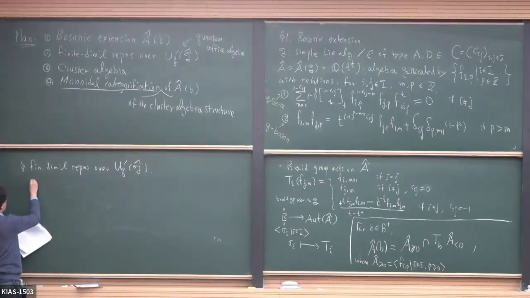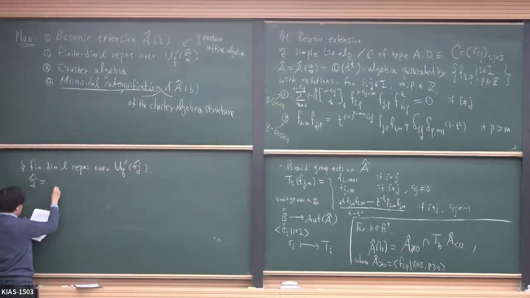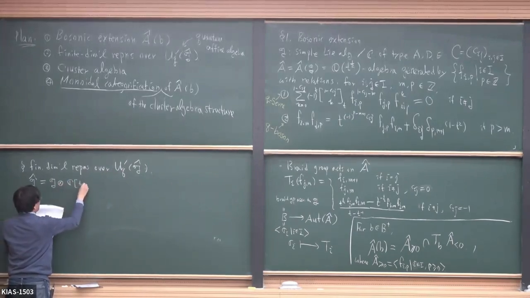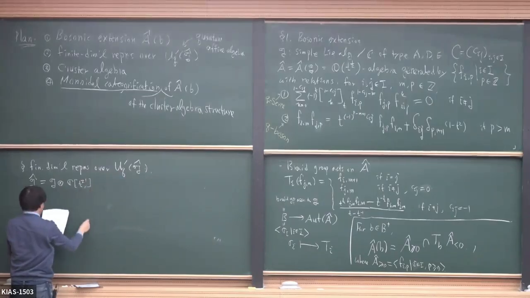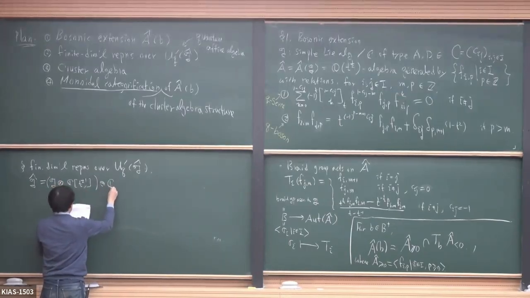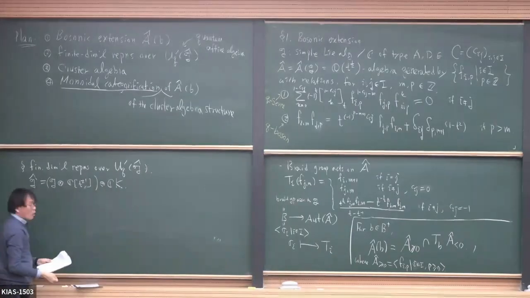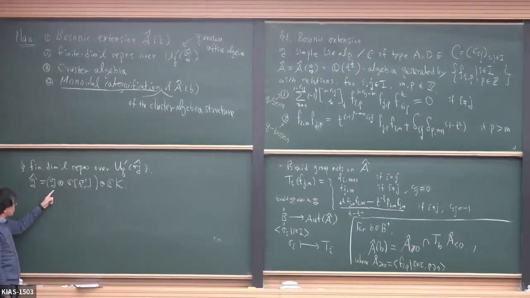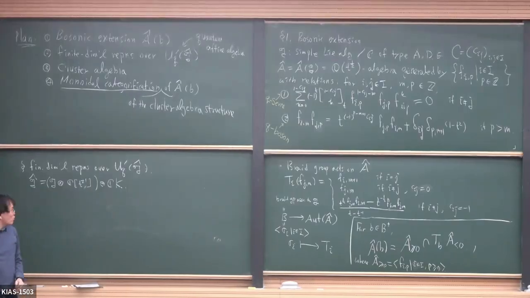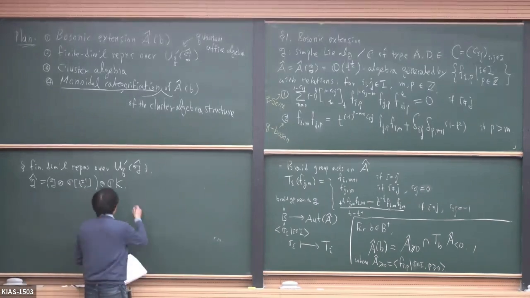Today, I'll fix G hat as the following, and set K. My affine algebra, the real algebra, is the loop algebra together with the central extension of the loop algebra. And we consider the quantum deformation of this affine algebra. That's my U_q'(G hat).